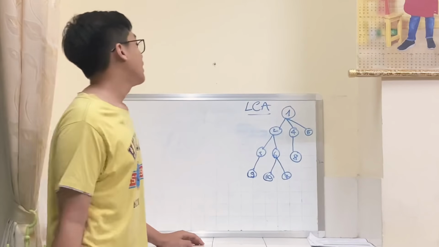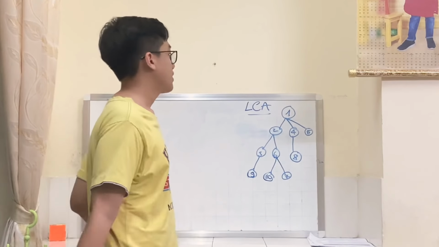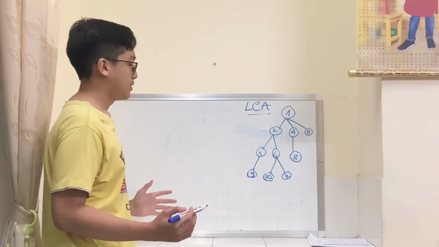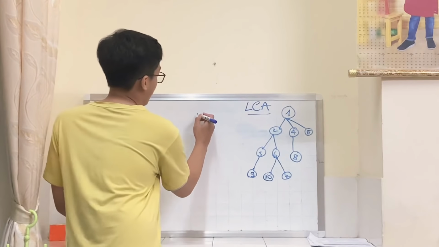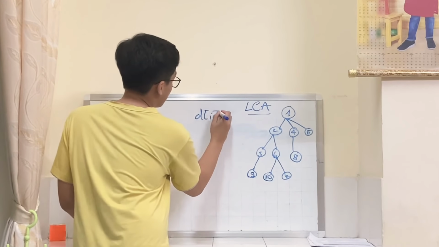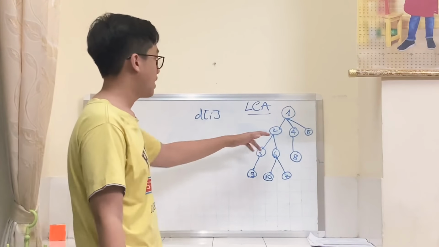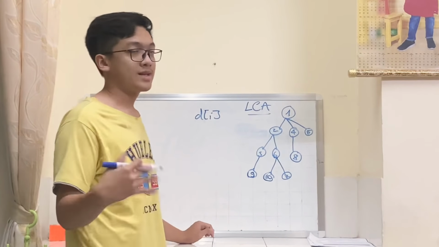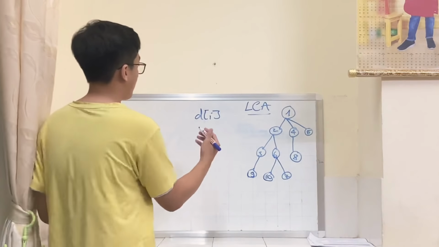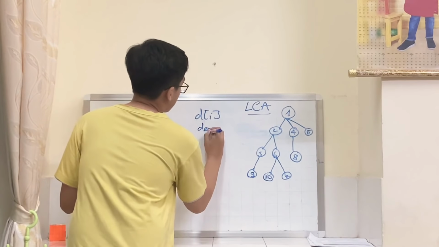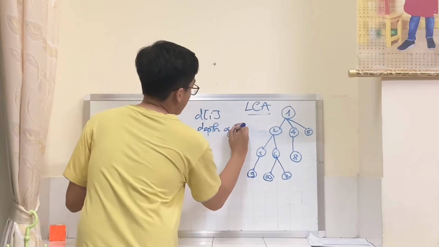Suppose you have the array d, where d[i] is the depth of node i.